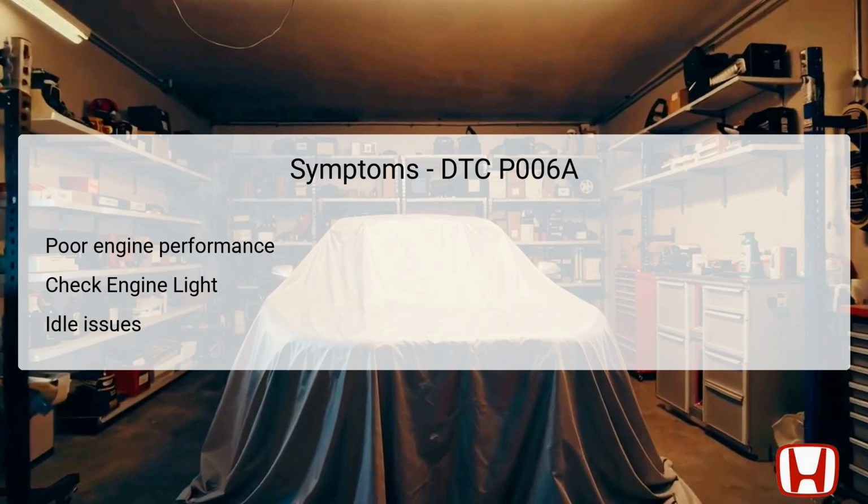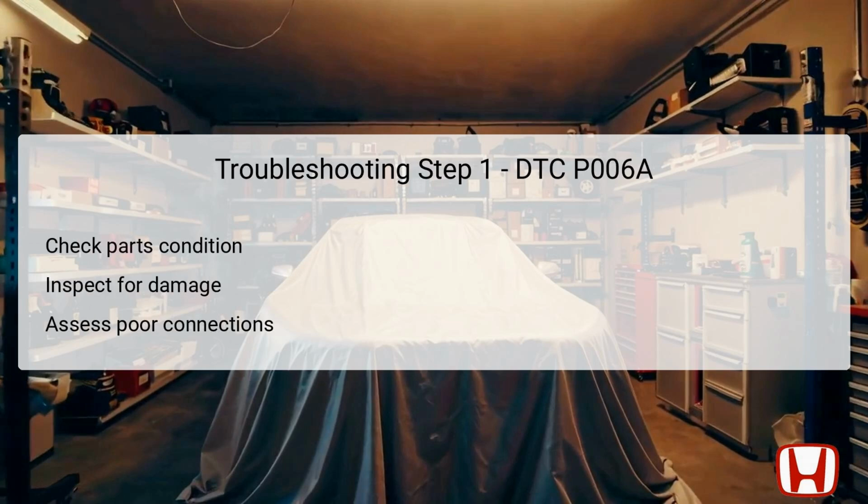safety or drivability. In the first troubleshooting step for DTC P006A, start by conducting a detailed parts condition check. Inspect the MAF sensor, PCV valve, hose, and other related components for any signs of damage or poor electrical connections.